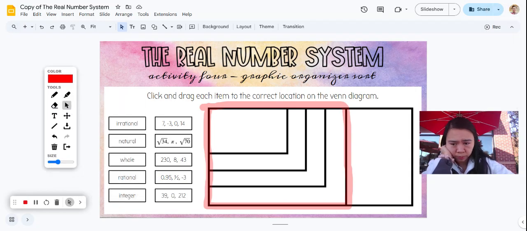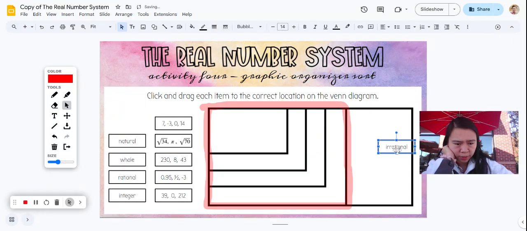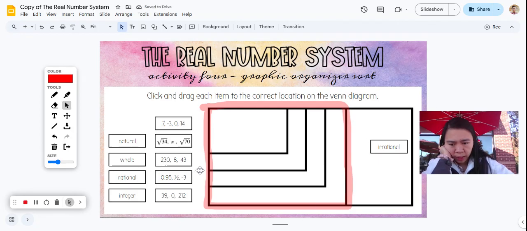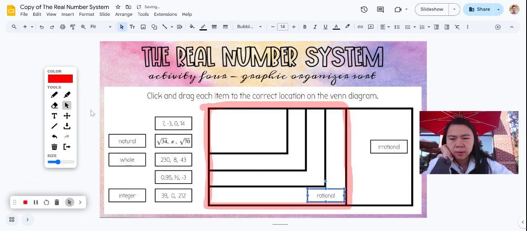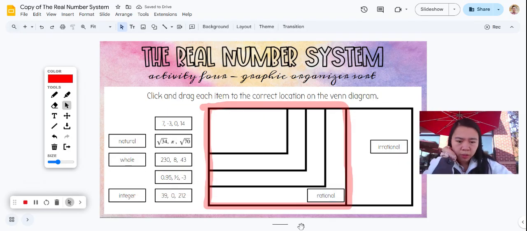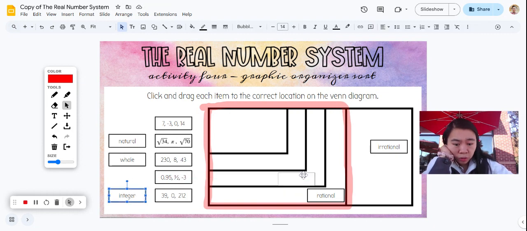Okay, so irrational should be over here by itself. And then you have irrational, and then you have rational. Rational is going to go on the outside, and we can get more and more specific. So a special kind of rational number is an integer.